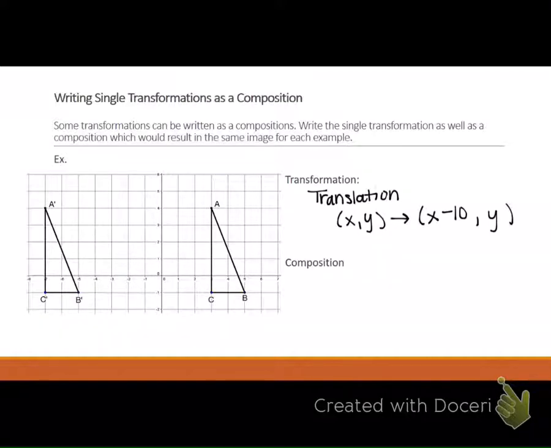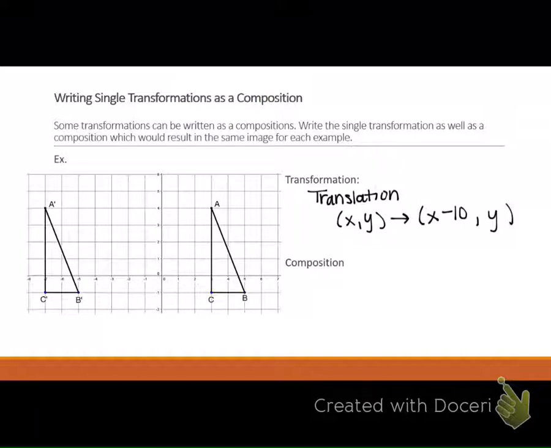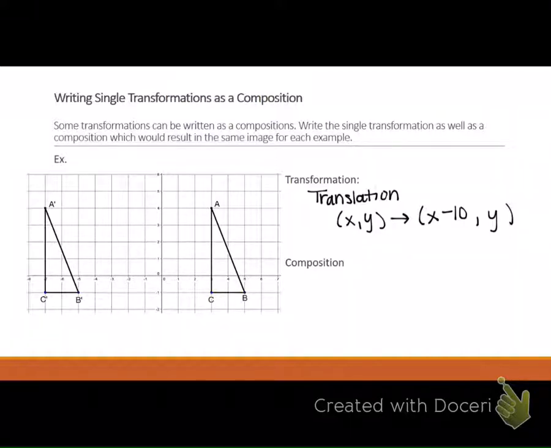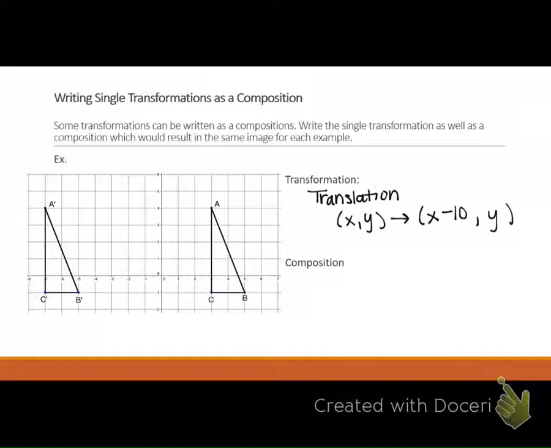It goes the wrong way, but if you reflect it again, will it be the correct way? So if I reflect this, it goes the wrong way, right? But if I reflect it again, it's going to go the right way again. So 2 reflections is the same as a translation.